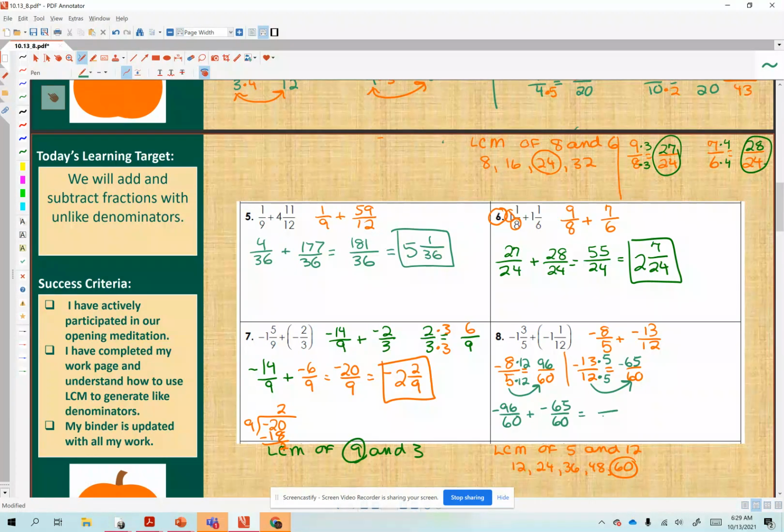We add the numerators and keep the denominator for negative 161 over 60. If I divide 161 by 60, it goes in 2 times with 41 remaining, which means my mixed number answer will be negative 2 and 41/60 for our final answer.